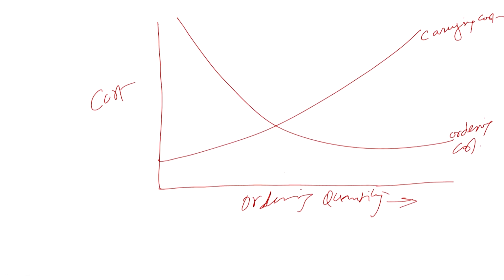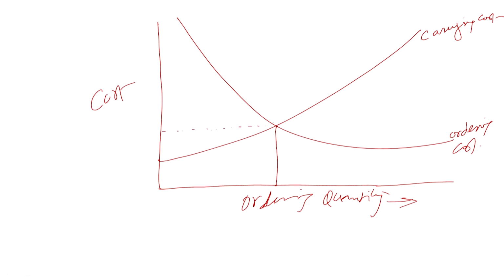So, we will have to find the quantity that will be called the economic order quantity, and that will be the point where both the costs are equal. You say this is the point where both the costs are equal. When the carrying cost intersects with the ordering cost, that quantity will be called the economic order quantity.